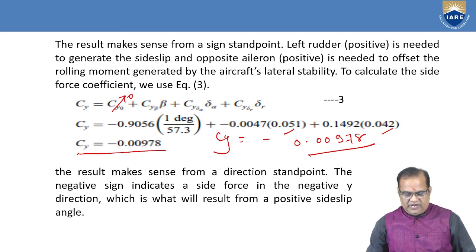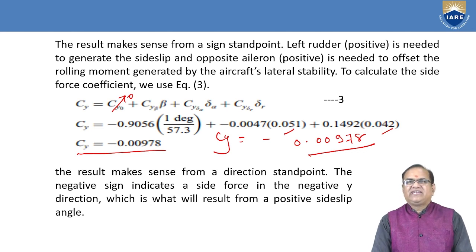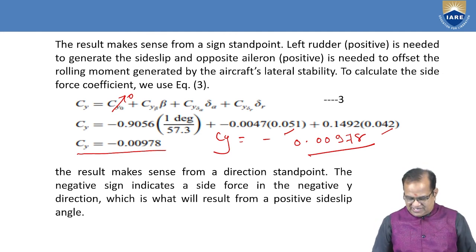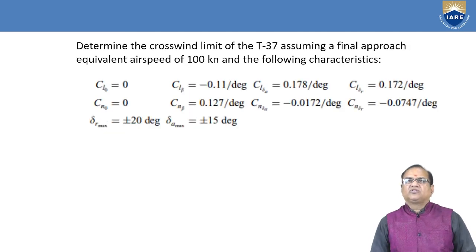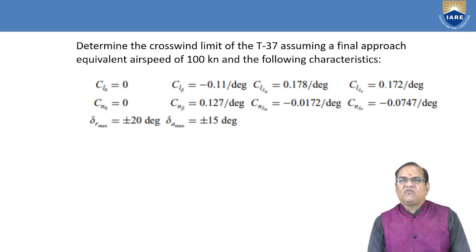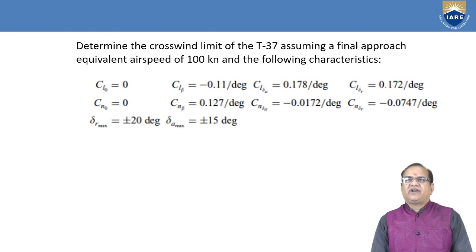The negative sign indicates a side force in the negative Y direction, which results from a positive side slip angle. So now determine the crosswind limit of the T-37 assuming a final approach equivalent airspeed of 100 knots and the following characteristics.